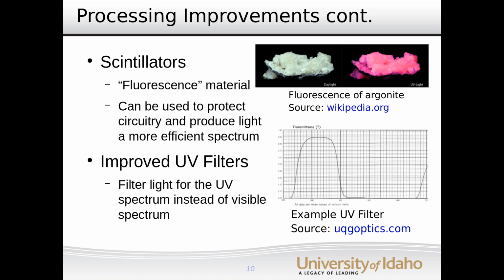Other things that you can do are use improved UV filters. Most of the filters that you take a look at are optimized for the visible spectrum, since that is primarily what we as humans care about. By switching to a UV filter or others, you can filter down to the UV spectrum that you care about, so that way we can make sure that we've got that.